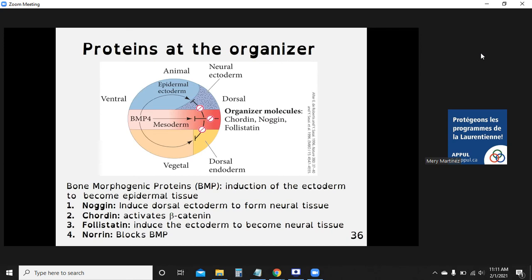And it seems to block BMP in a cell autonomous manner. So all of that is just to keep this side free of BMP, so the cells inside can accomplish their function.